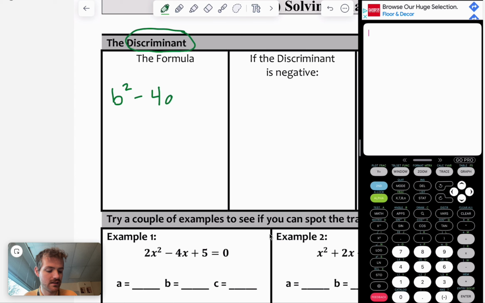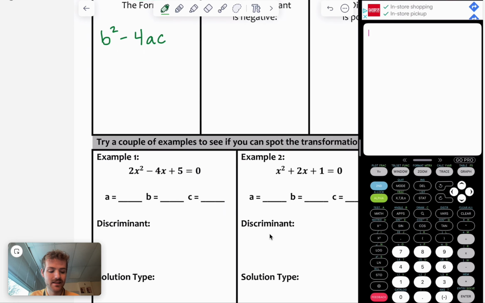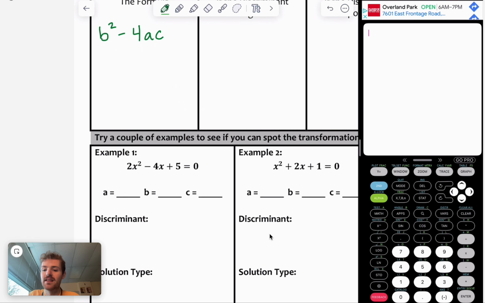It is this: b squared minus 4ac. This is our formula that we're going to plug into. Before I tell you how many solutions that discriminant gives us and how we can use that to tell, let's go ahead and look at example 1 to practice plugging values into that formula.